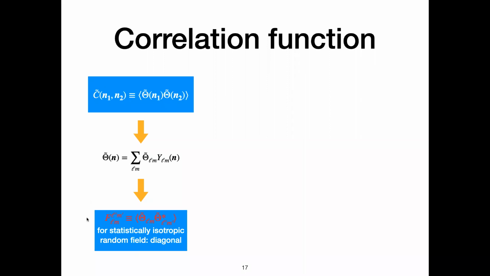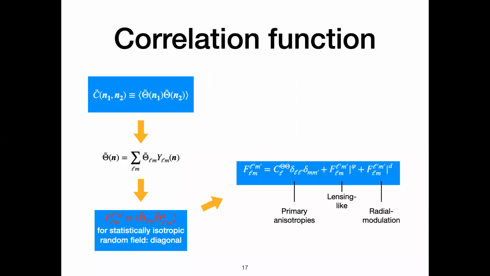But as our space is not statistically isotropic, this function also contains off-diagonal elements.